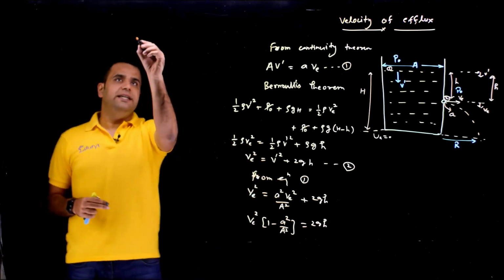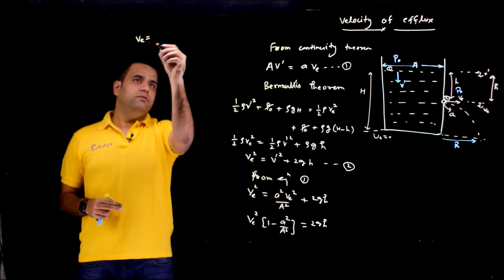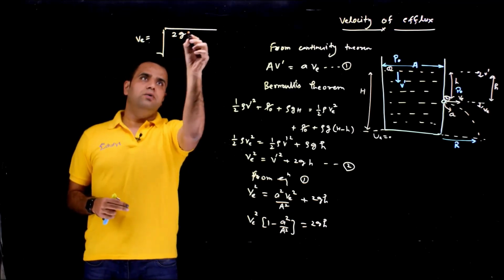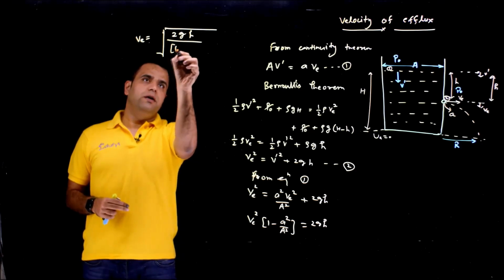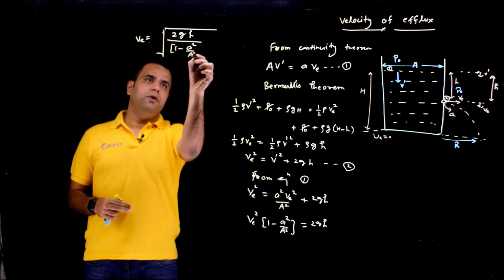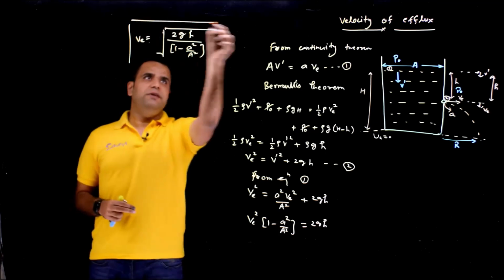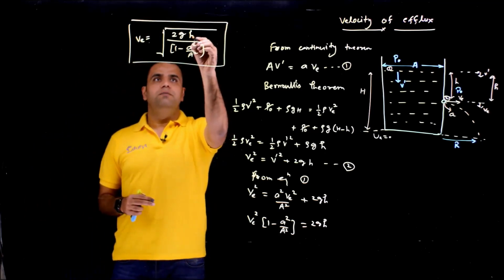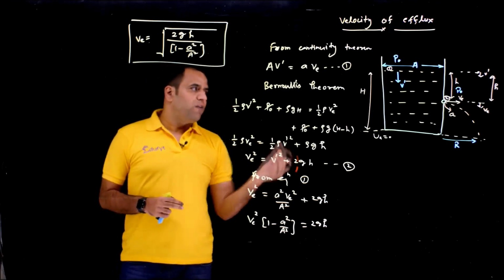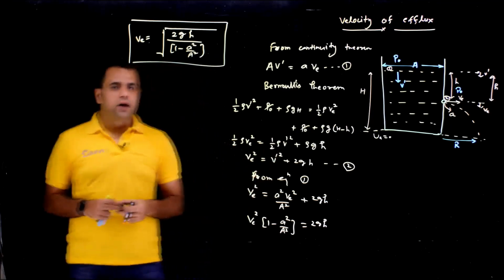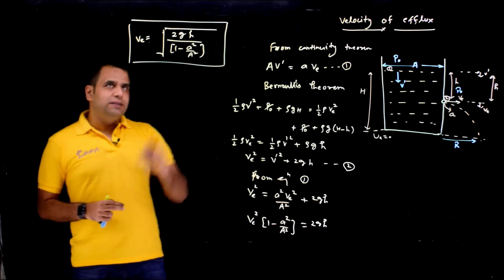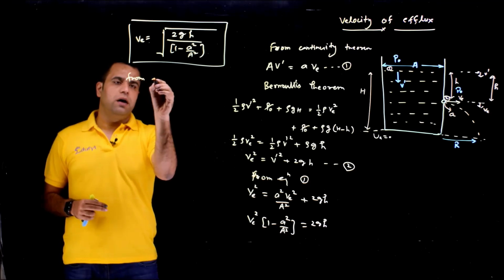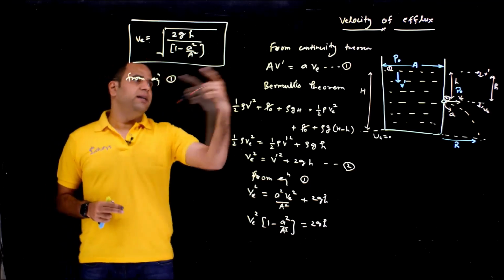So this VE will be equal to, we'll take the square root, 2g small h upon 1 minus small a square upon capital A square. That will be the velocity of efflux. As you can see, this velocity of efflux depends upon the small h. The more the value of small h, the more the velocity of efflux. So we get VE. Let's put this value of VE in equation 1.